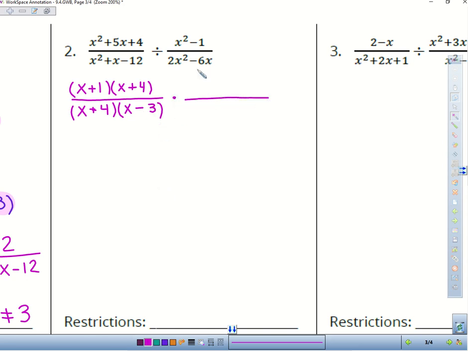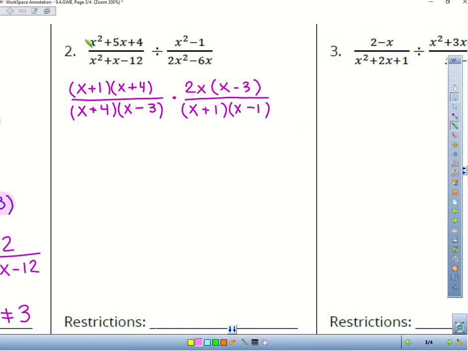Times, and then I'm going to flip this one. So I take out a 2x, and then on the bottom, I have this. So for clarity purposes, this is this factor. This is this one, because remember it flips, and this one is this one.